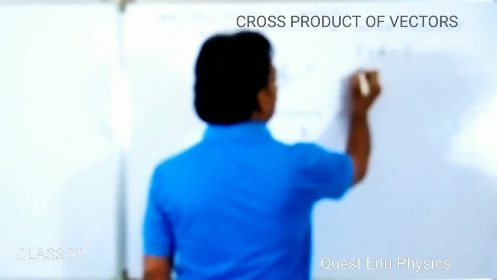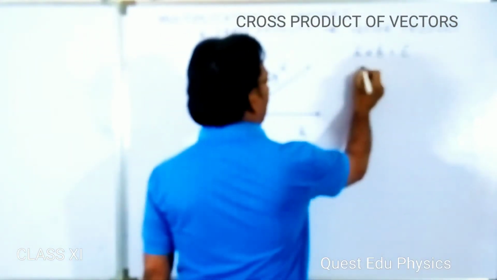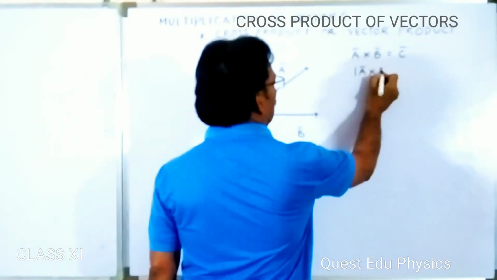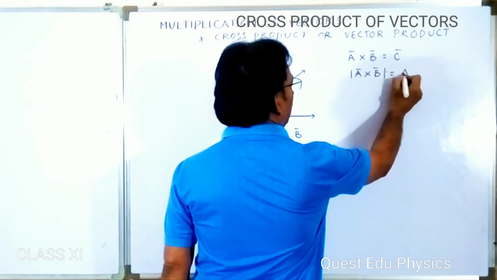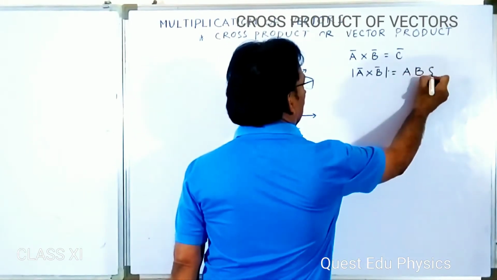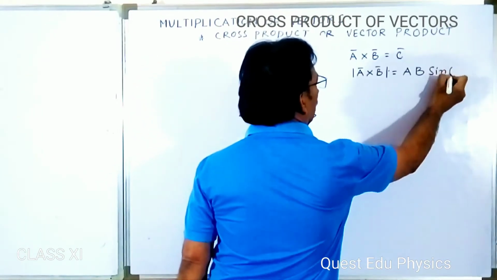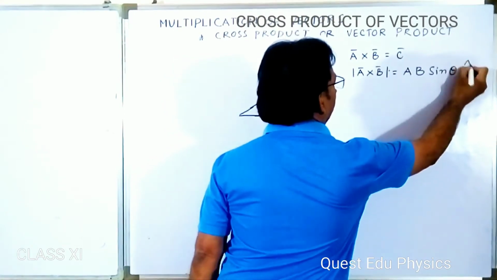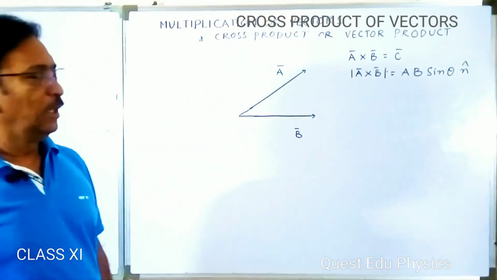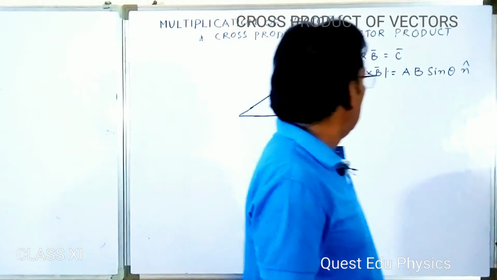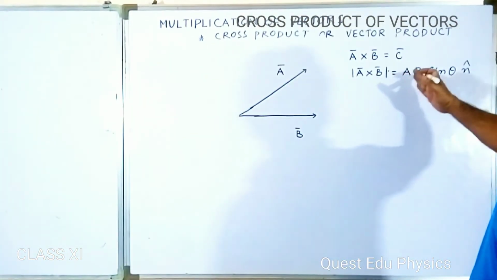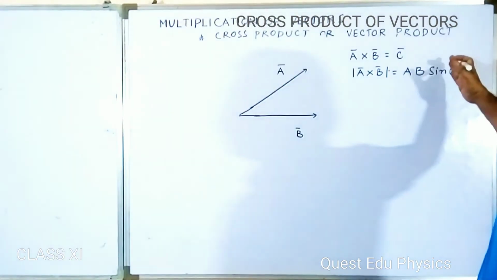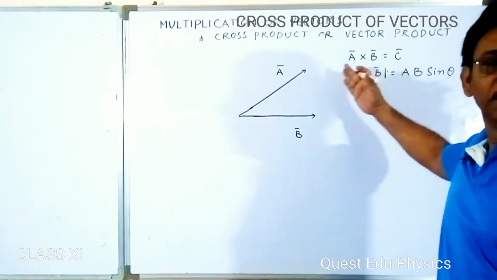And the magnitude is modulus of A bar cross B bar is equal to AB sine theta into n cap, as I already told you. N cap gives the direction of the vector. See this: A bar cross B bar is equal to AB sine theta into n cap.